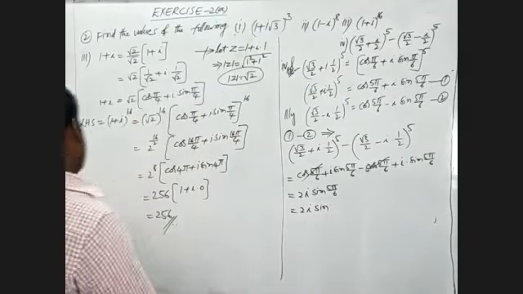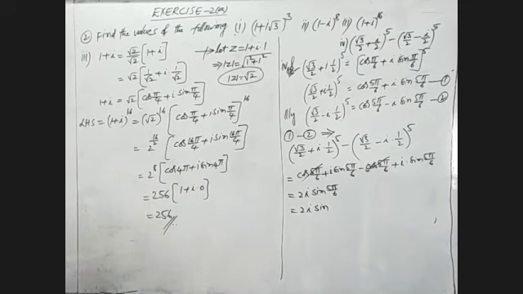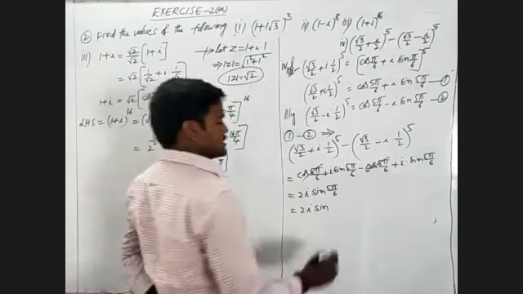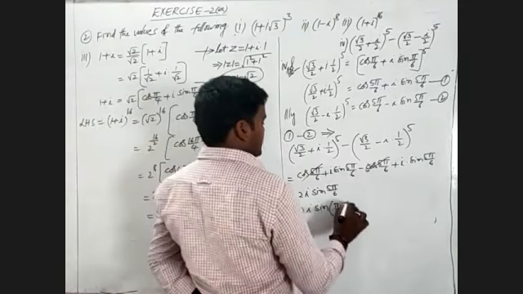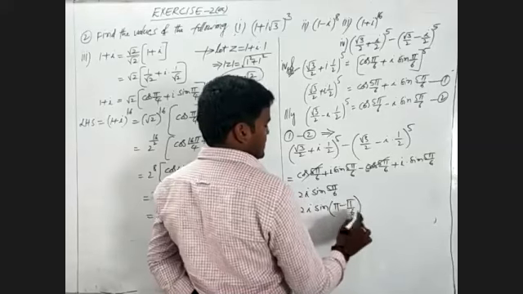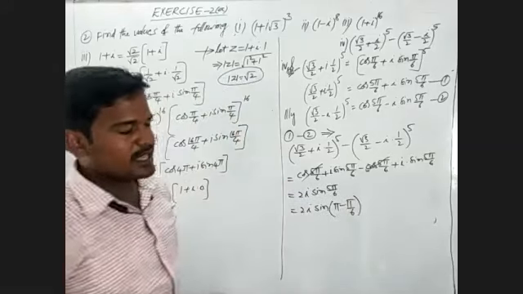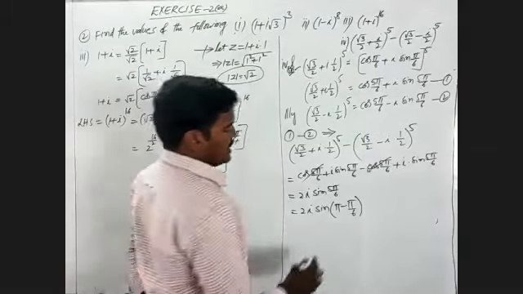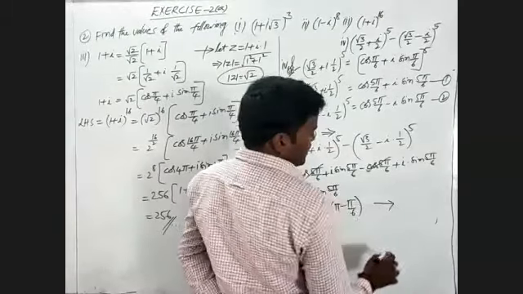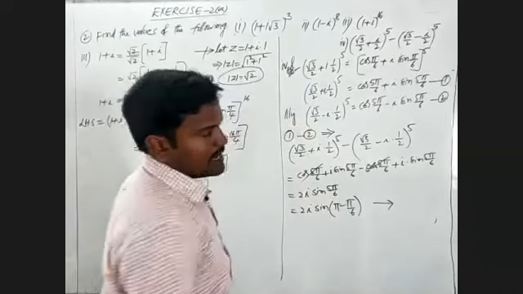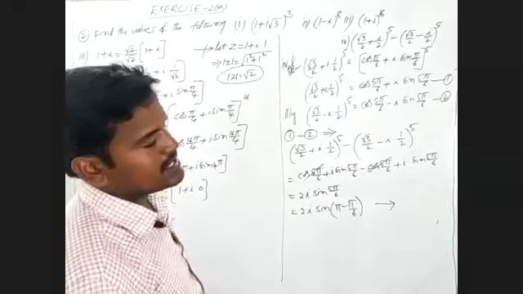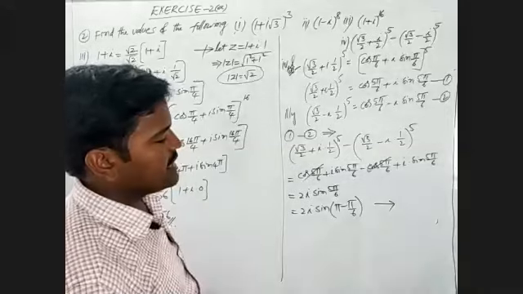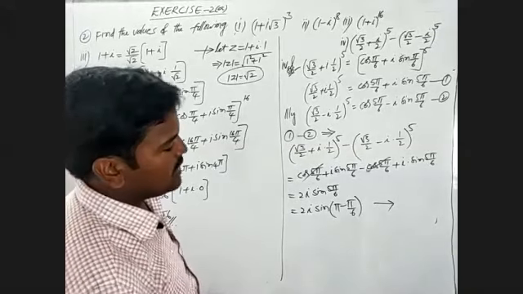What do I have to write for 5 pi by 6? That is pi minus pi by 6, that is 180 minus theta. We will observe: the first quadrant has 90 minus theta and 360 plus theta. The second quadrant has 90 plus theta and 180 minus theta.